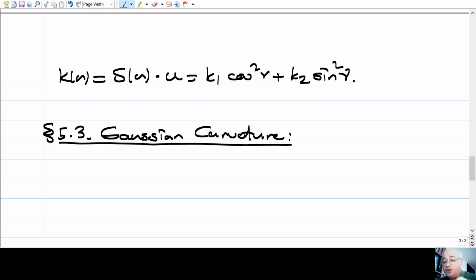One of them is the trace, the other one is the determinant, right? These are independent of the basis chosen. Therefore, for the shape operators, the determinant and trace are meaningful quantities, and we will give names to them.